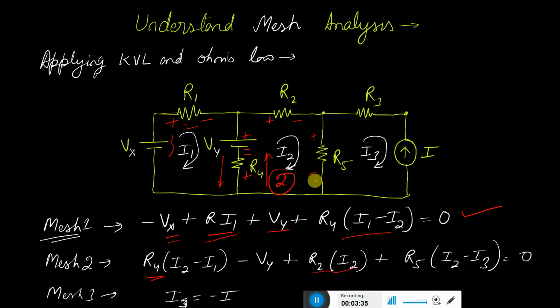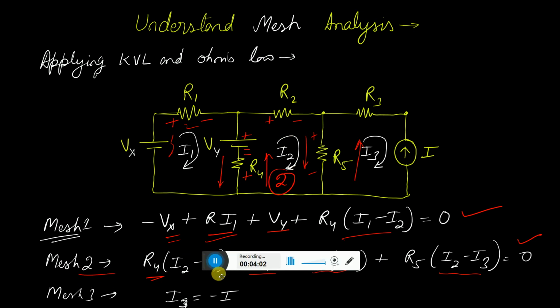What you observe here is that I2 is moving from top to bottom. However, R5 is shared between two meshes, and the current in R5 is moving upward, so it is I2 minus I3 that is multiplied with R5, and that is equal to 0. That is how you get the equation for mesh 2.